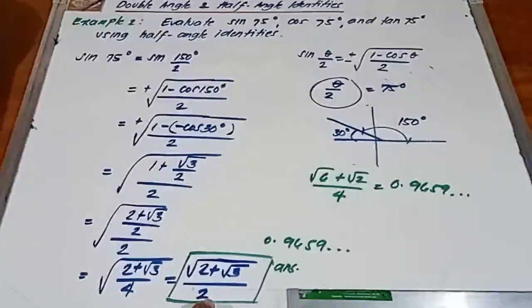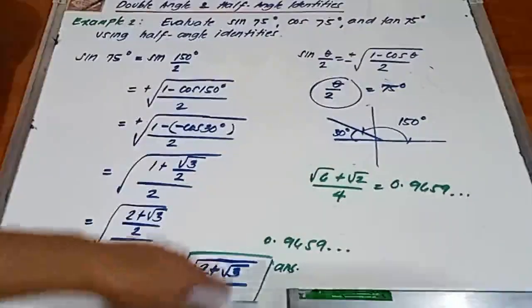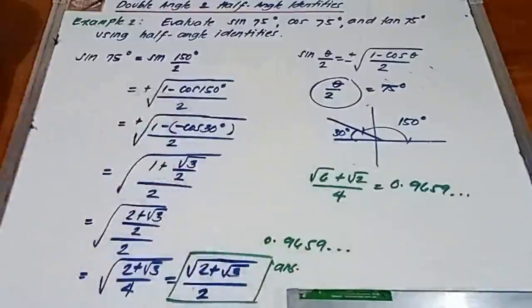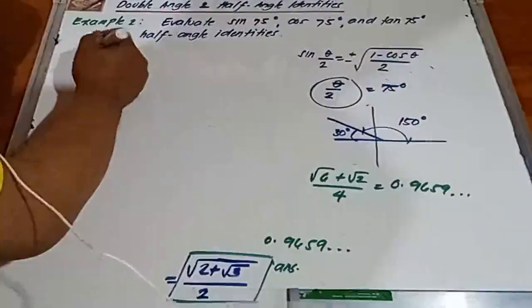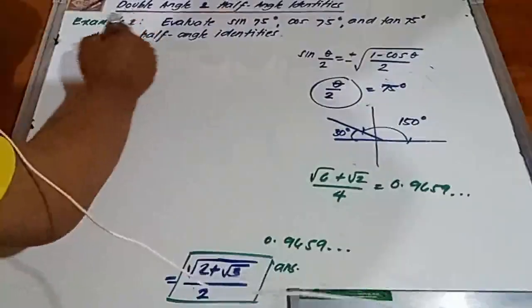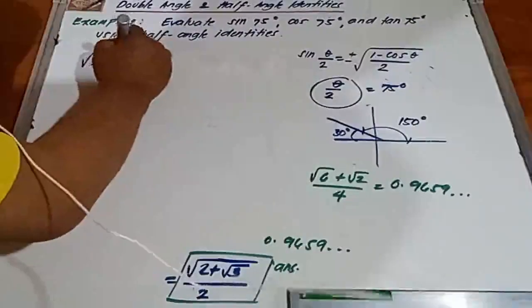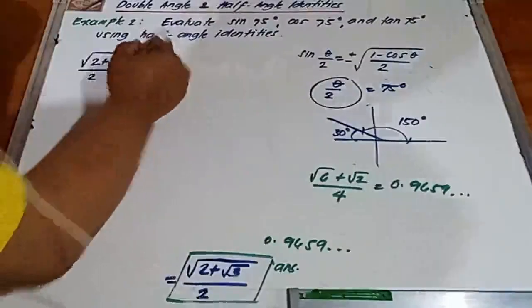Now, pwede naman natin itong i-rewrite into this form. So, gagamit tayo ng algebra para ma-simplify natin to papunta dito. Okay? So, pakita ko sa inyo. So, we have square root of 2 plus square root of 3 over 2. Okay.